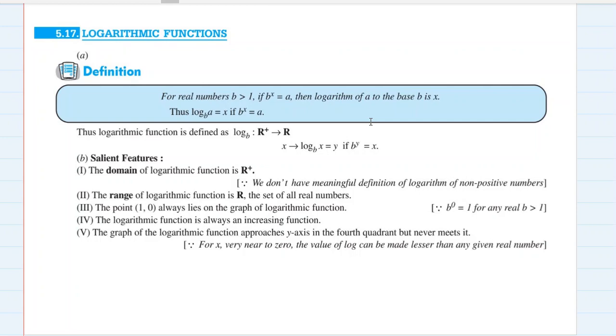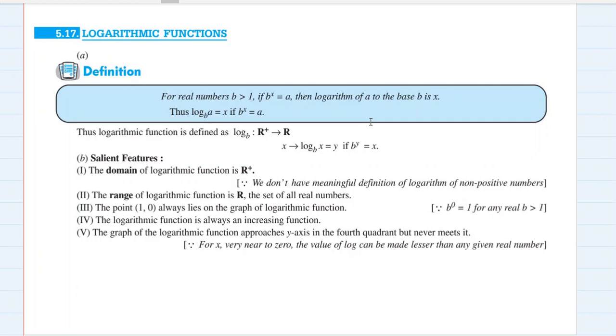Here we are not studying these functions in detail, only we should know that in logarithmic functions, the domain is positive real numbers, which was the range of exponential function, and the range is all real numbers, which was the domain of exponential function.